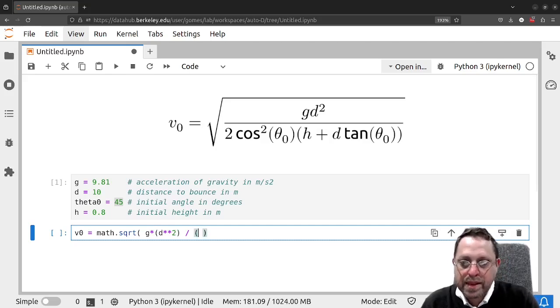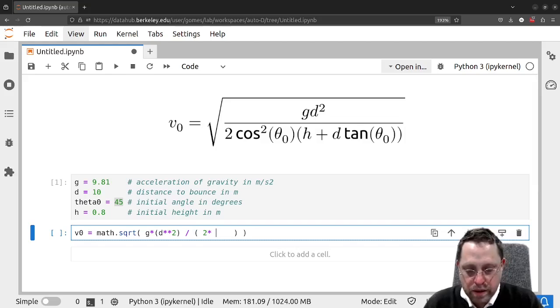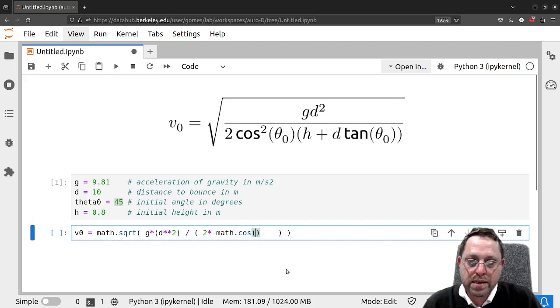I'm going to put parentheses to enclose the entire denominator here. And the denominator has 2 times cosine squared. So we have math.cos of theta naught. But as you'll recall, this has to be in radians.